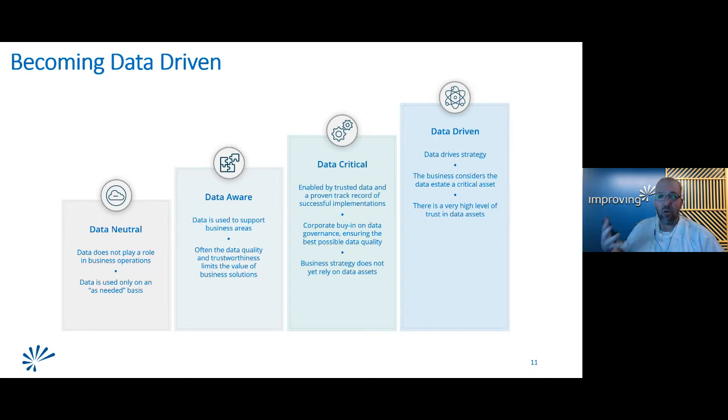Think about an organization that can spin up their data and have some AI models attached to it that can do elaborate forecasting. That really helps shape which direction the business wants to go. But you can't just get there overnight. You have to have some structured steps in place to make sure you've got good data quality, good processes in place before we can get to that utopian state of data drivenness, if you will.